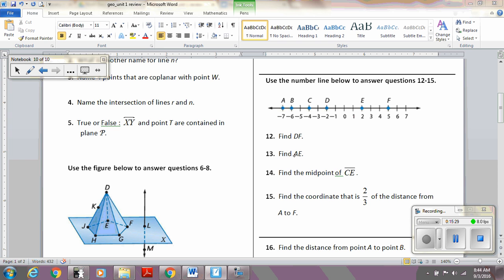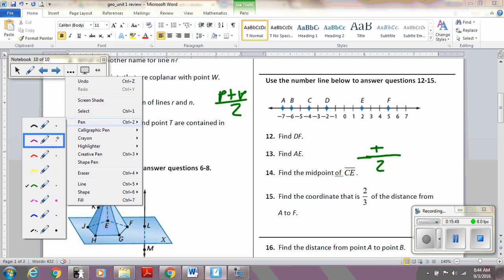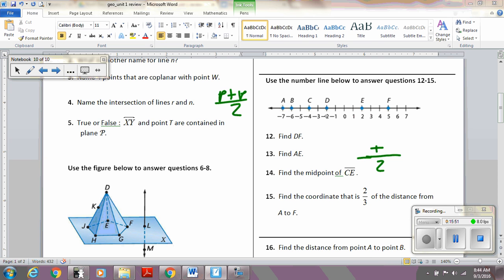Number 14 wants us to find the midpoint of segment CE. So again, the midpoint is point plus point divided by 2. That's the formula for midpoint. So write out your formula skeleton. Plus, divide, and the 2 first. And then insert the values of the points. Point C is at -4.